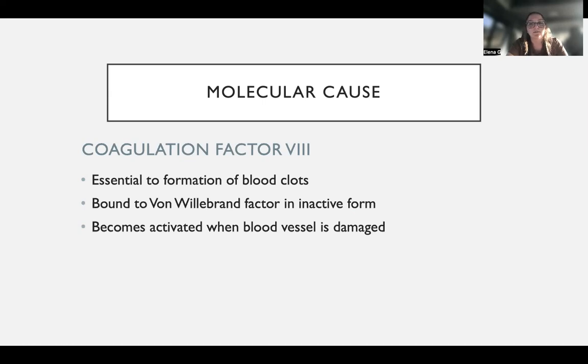In its inactive form, this protein is bound to the von Willebrand factor, which is another protein, and it circulates in the bloodstream in this form. And then when a blood vessel is damaged, coagulation factor 8 becomes activated. It separates from the von Willebrand factor and then interacts with another protein called factor 9. And then this interaction sets off a chain of other events, which eventually results in the formation of a blood clot, which is why this gene is so important.